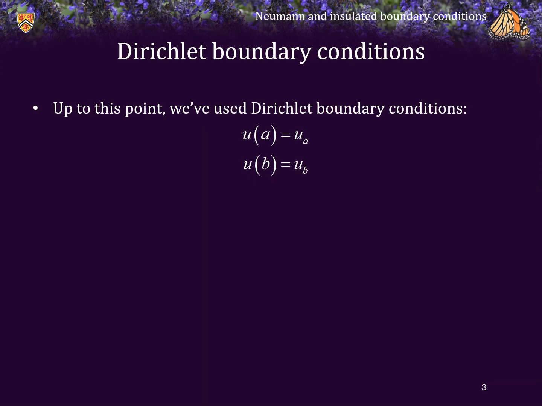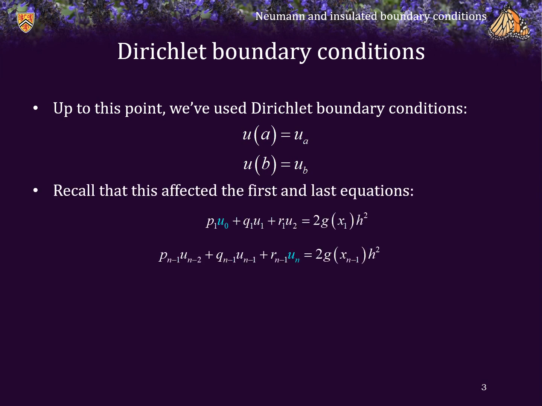So up until this point, for boundary value problems, we've looked at approximating solutions when there are Dirichlet boundary conditions, or fixed boundary conditions. That is, the values of the solution at a and b, the endpoints, are given in the problem. Now, you'll recall that these fixed boundary conditions affected the first and the last of the n-1 equations.